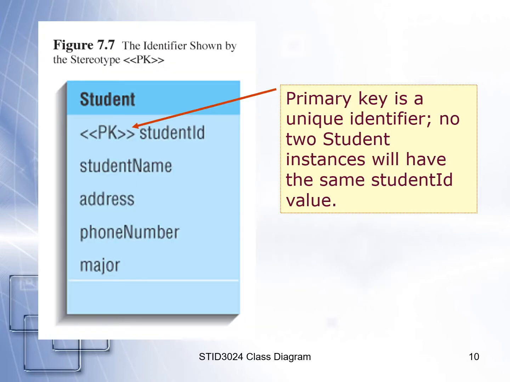Let's have a look. Okay, you can identify the primary key for a particular class, but you don't have to do it for all the classes, right? So you only do it for the class that you think should have a unique value, right?